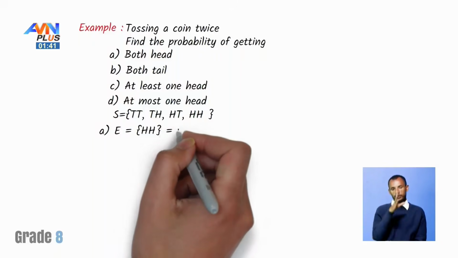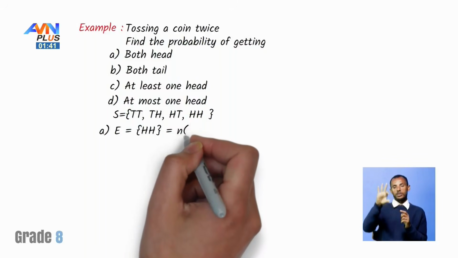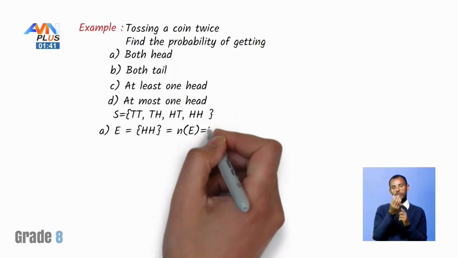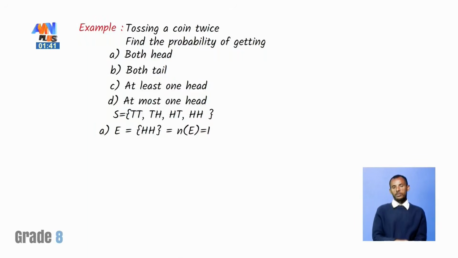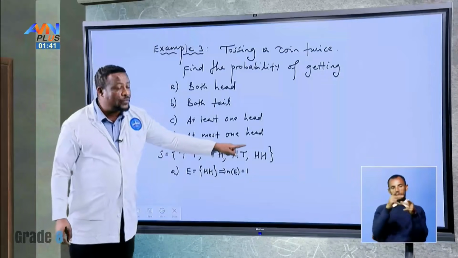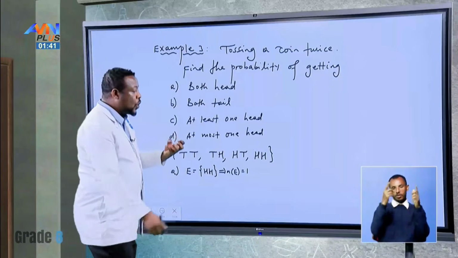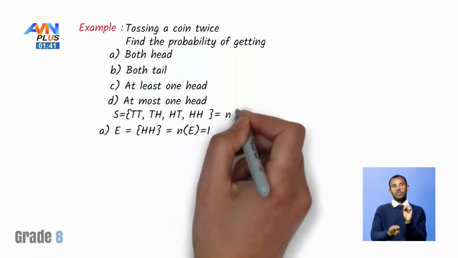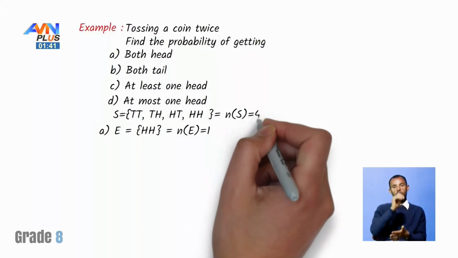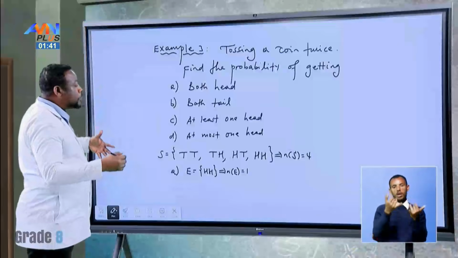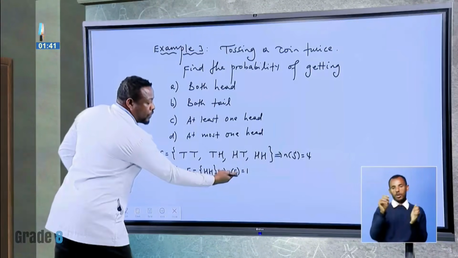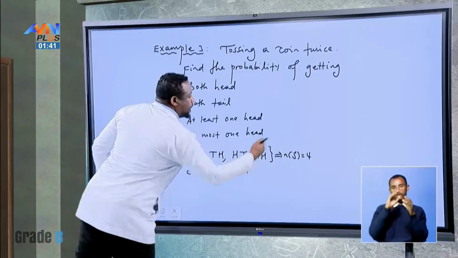And this event contains a single element. So the cardinal number of this event is 1. Okay? Here, the sample space contains 4 different possibilities. So the cardinal number of the sample space will be taken as 4. Okay? So now the probability of getting both heads will be the ratio of this number over this number.